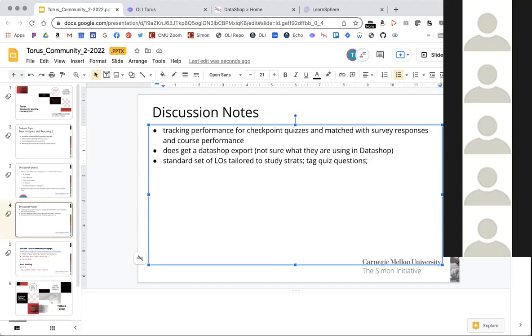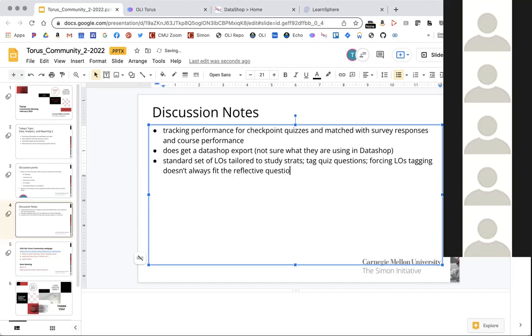But then yes, I personally have found the fact that you have to have a learning objective correspondence to be somewhat cumbersome, because there are types of questions that you can ask that might not really fit into those learning objectives. That's true of the reflective questions we have at the end of the modules.